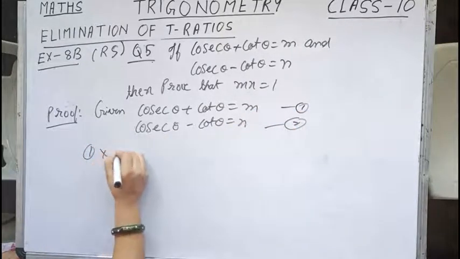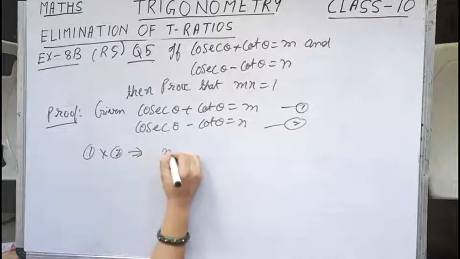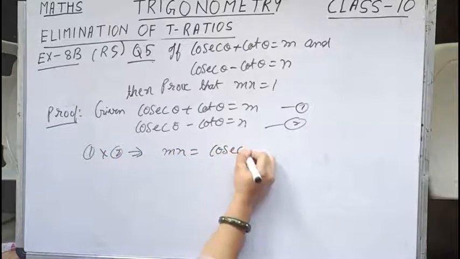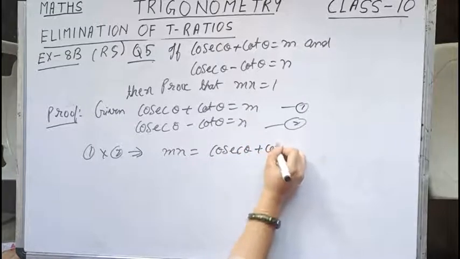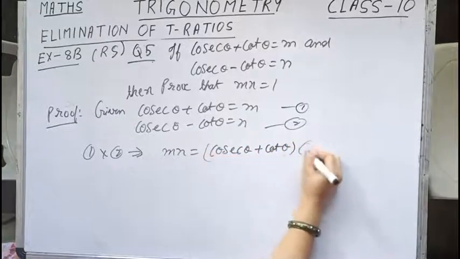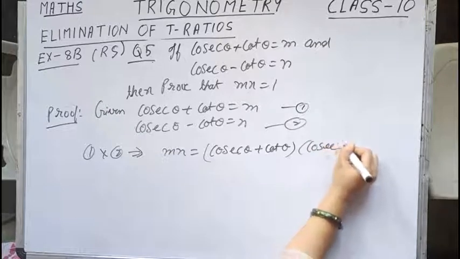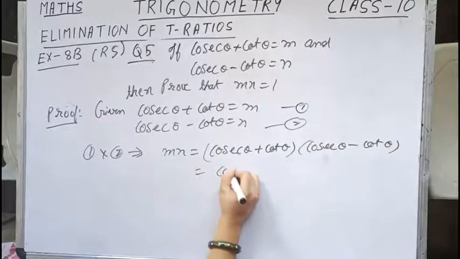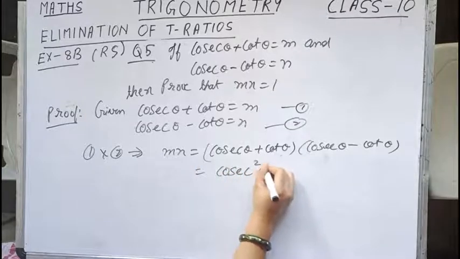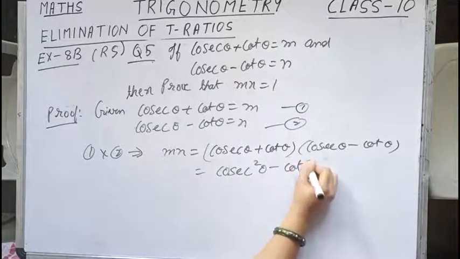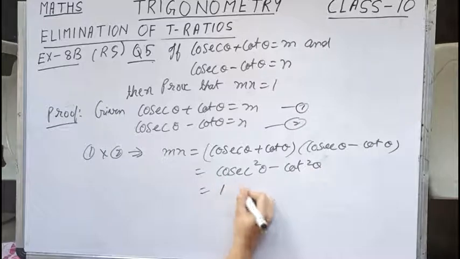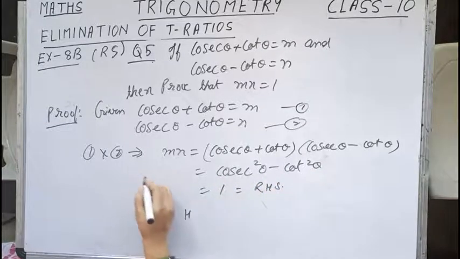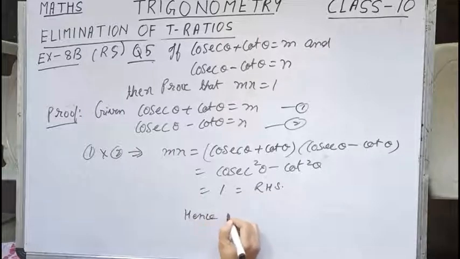So 1 into 2 implies mn equals cosec theta plus cot theta into cosec theta minus cot theta. So this will be equal to cosec square theta minus cot square theta, and this value is 1, and this equals the RHS, and hence it is proved.